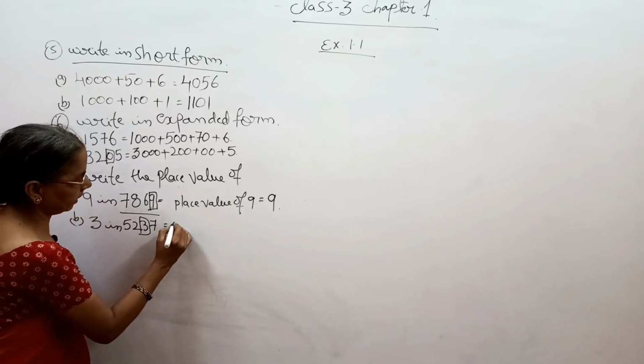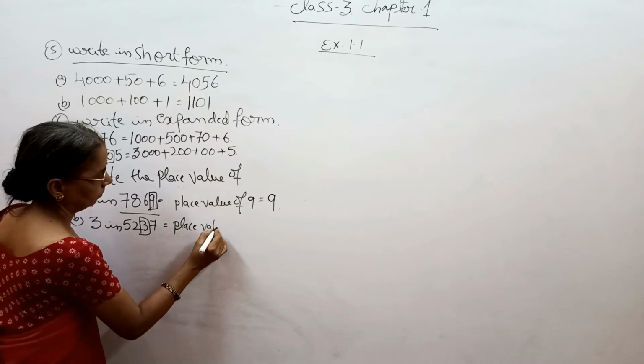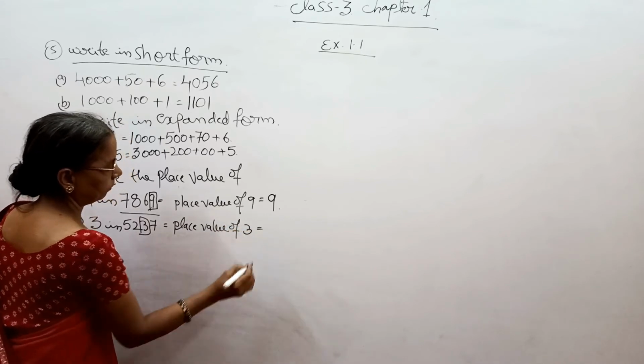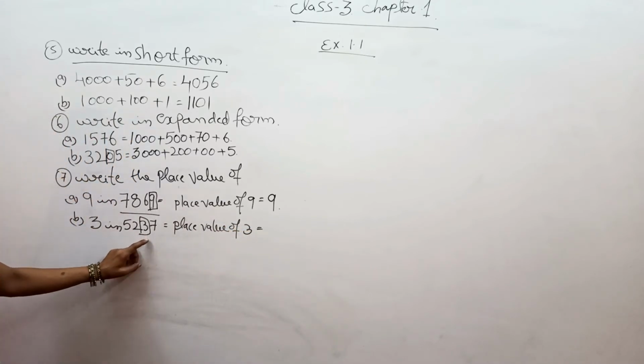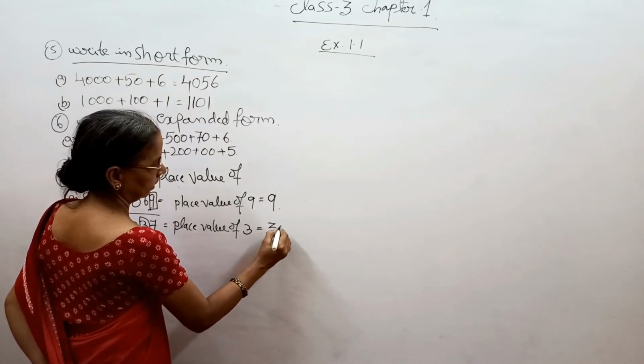Simply write place value of 3 equals, it is in the place of tens, then 3 means it is 30.